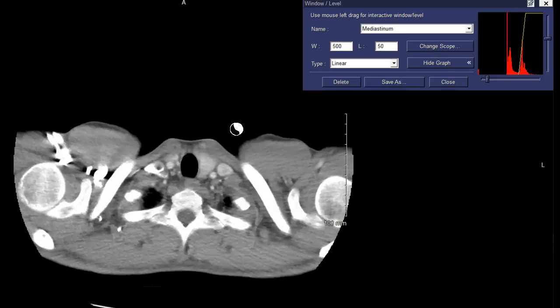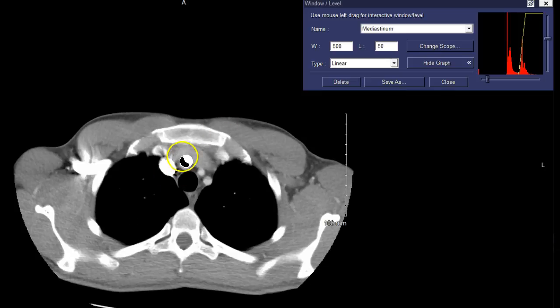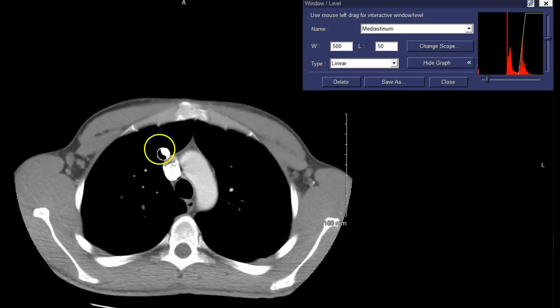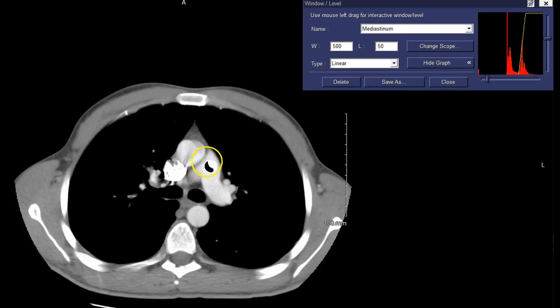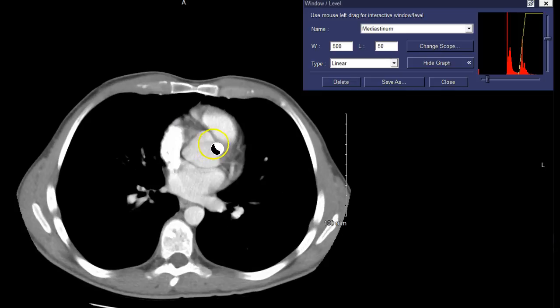As we go through the apices of the lungs and work our way more inferior into the body, you can see the vasculature structures that link up to the heart, and we can see the structures of the heart. We can see the aorta, and the divisions at the pulmonary vessels. We can see the chambers of the heart.